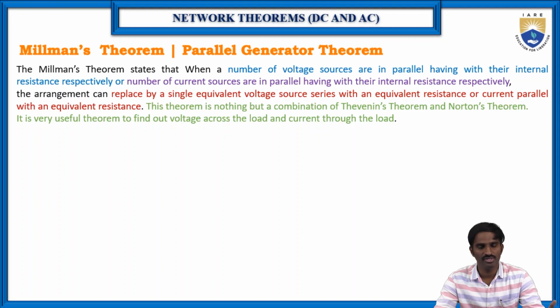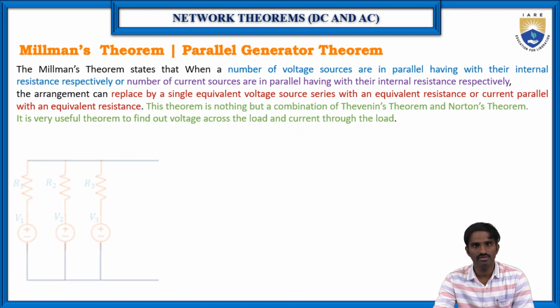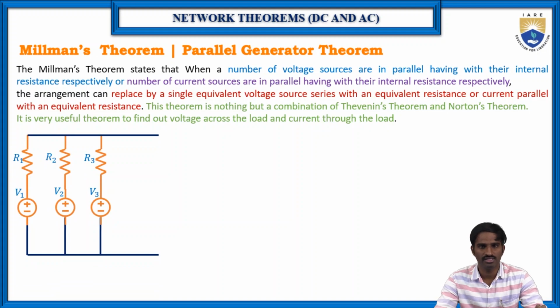The procedure to calculate the Thevenin's voltage or Thevenin's resistance is different, and here the procedure to find the equivalent voltage and the equivalent resistance is different. So by considering one simple example, we will understand better.